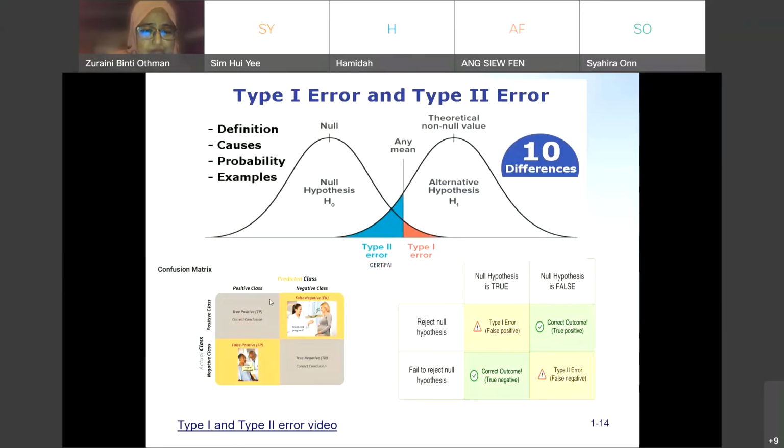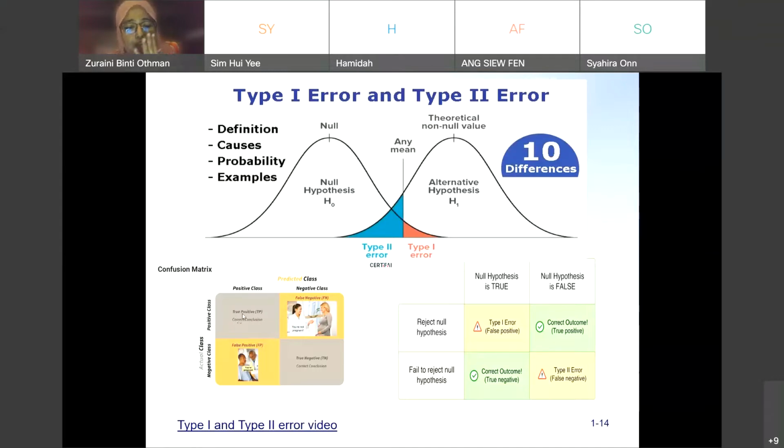But in the machine learning class after this, you will see the confusion matrix. When you see the confusion matrix, it involves true positive, false negative, true negative and false positive. It is type 1 and type 2 error. For example, true positive is a correct conclusion.